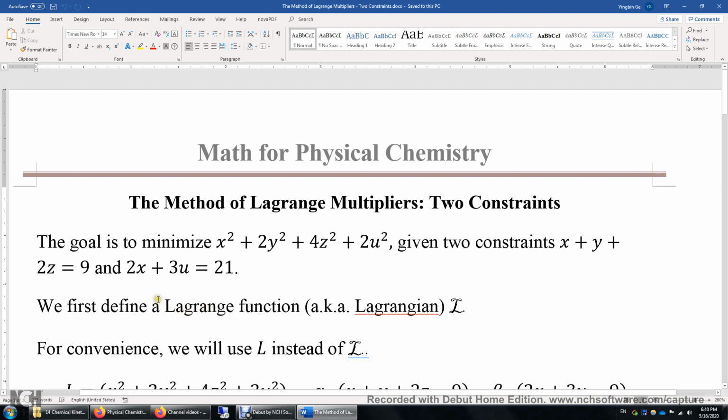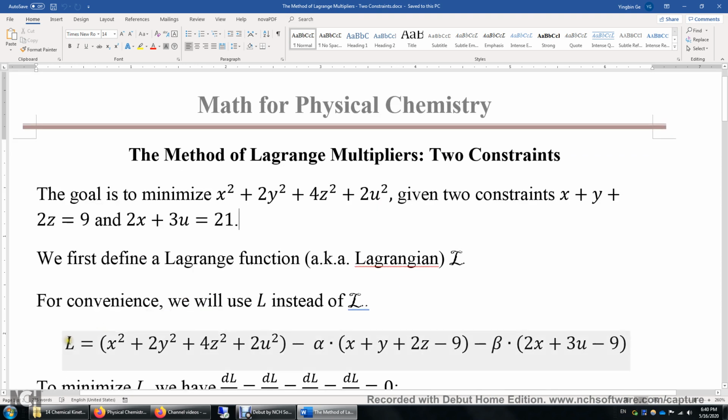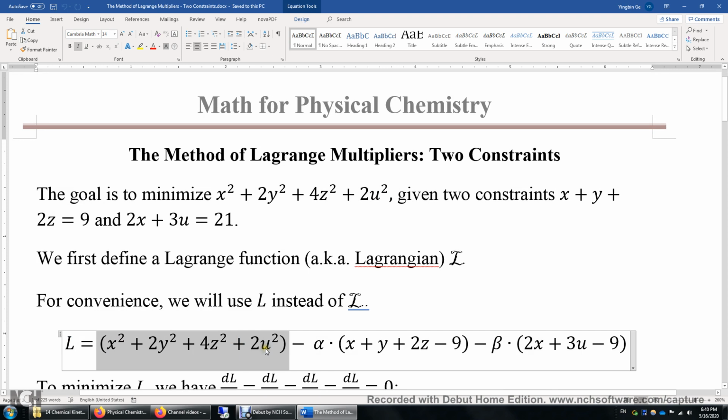We first need to define this Lagrange function L. This Lagrange function L is the function to be minimized minus alpha times the first constraint minus beta times the second constraint. So over here, x plus y plus 2z minus 9 must be equal to 0, and 2x plus 3u minus 21 must be equal to 0.